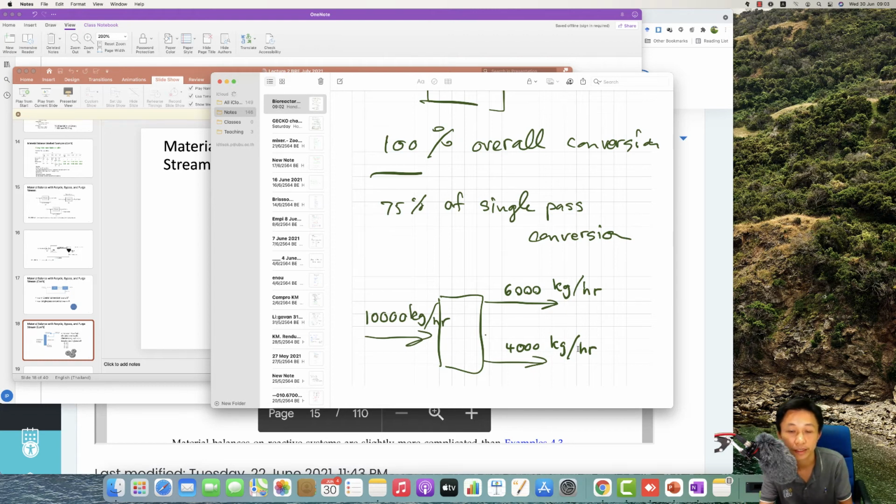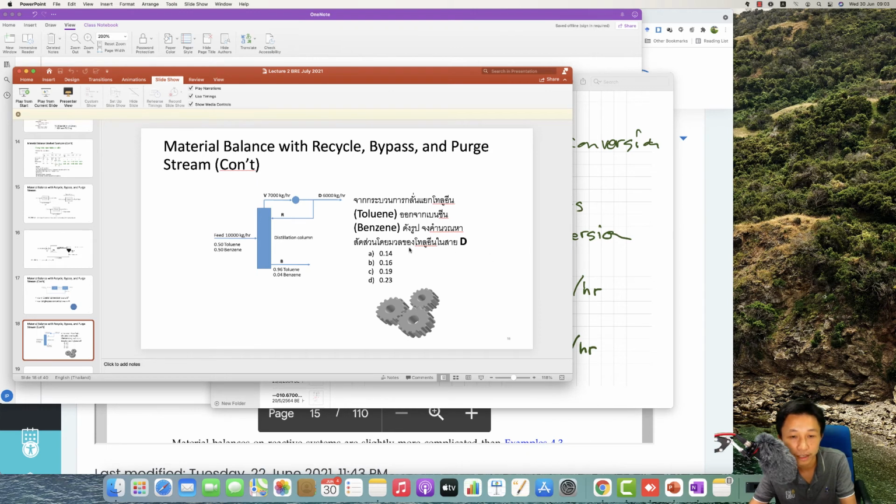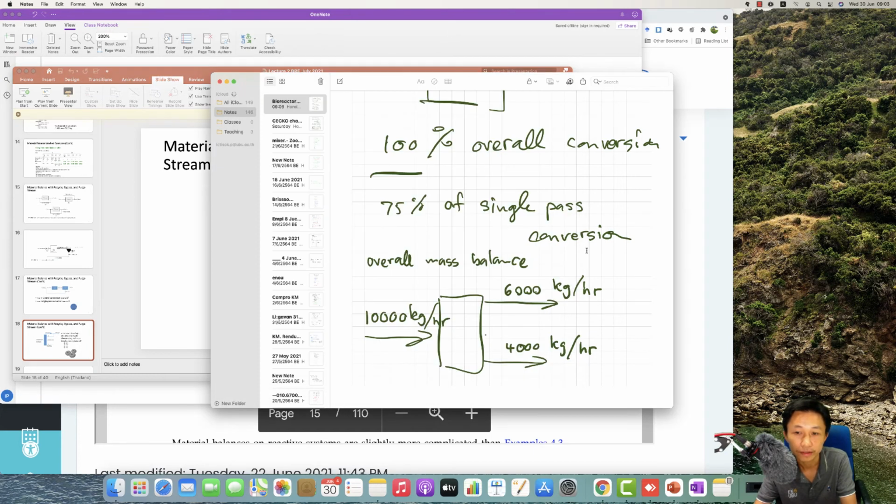Okay, and then what I try to ask you is, what is the mass fraction of toluene here? So you just use the toluene balance. Okay.